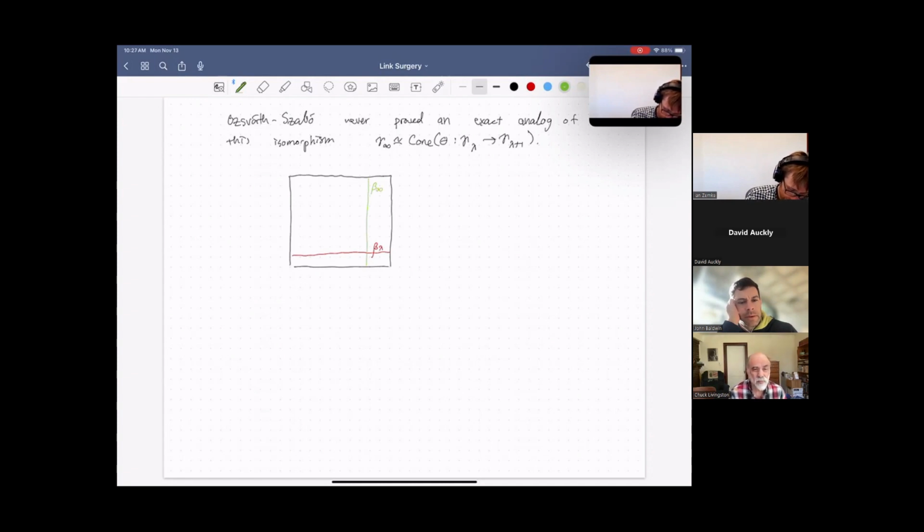And what they showed is that if you wind sufficiently many times, then there's an isomorphism: B lambda is isomorphic in the Fukaya category to a cone from B lambda plus n to B infinity.